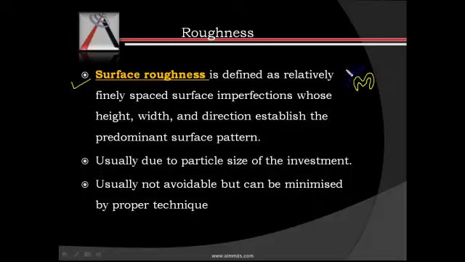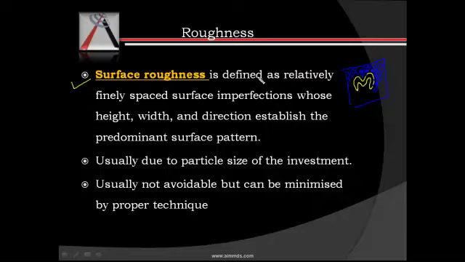We had the investment that we used to create the mold, and this investment is made up of particles. These particles create a kind of roughness on the mold surface. If the investment has bigger particles, it's obvious that these bigger particles will show up as roughness on the mold, and this roughness will then be reflected on the casting.